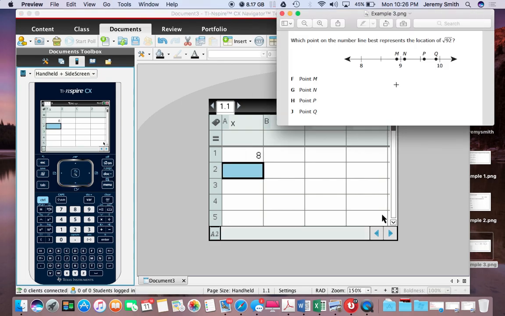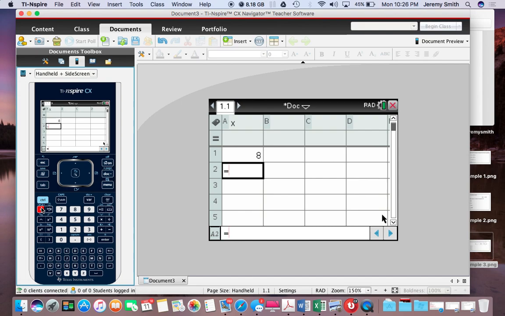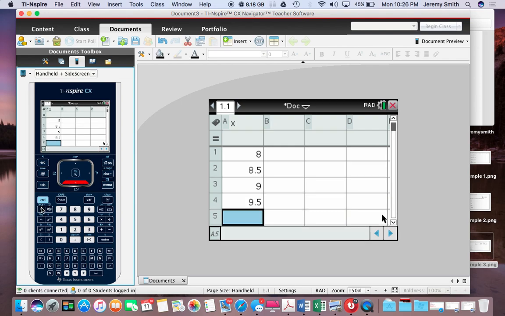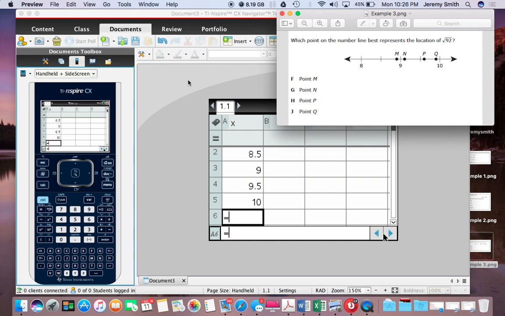And let's go ahead and put the 0.5 in here, 8.5, because I think that's going to help us understand where our point is going to fall. Equal 9. Equal 9.5. Equal 10. And finally, I want to put equal the square root of 92.